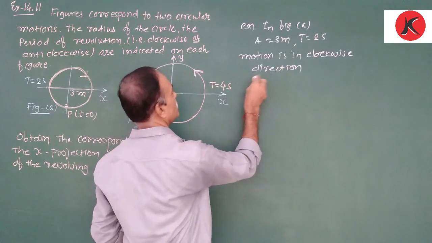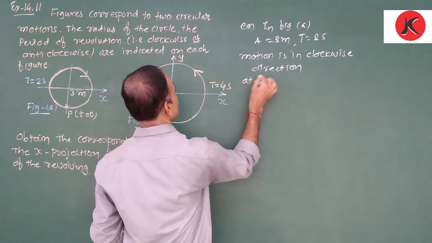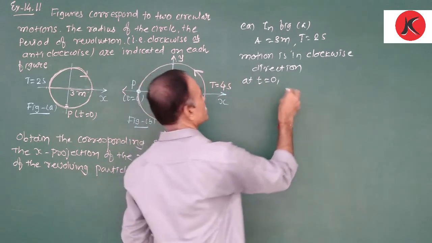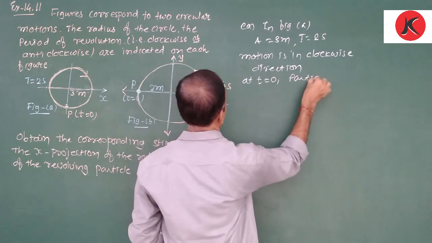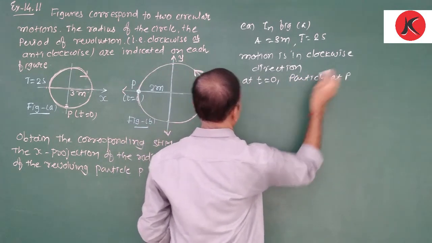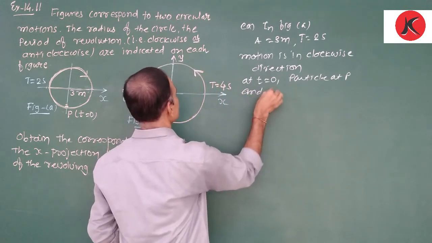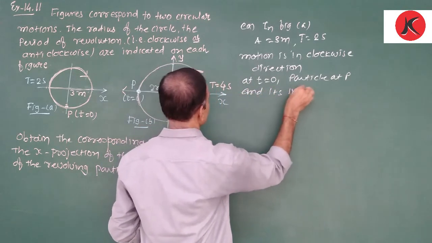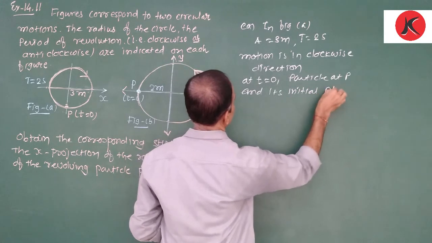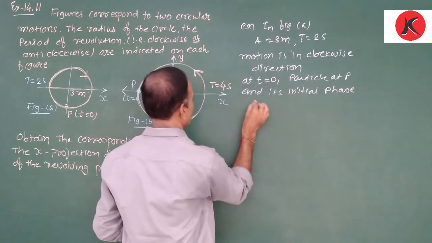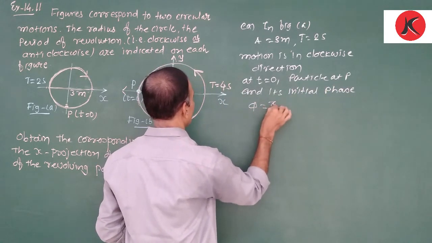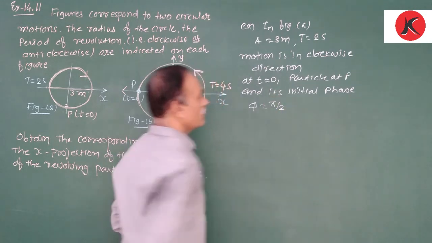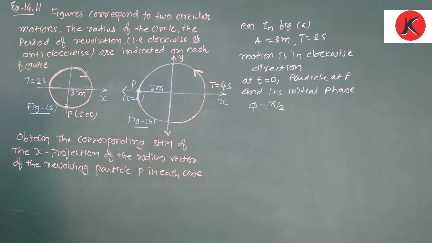Therefore, at time t is equal to 0, the particle is at P and its initial phase phi is equal to pi by 2. Now, what should be its angular frequency?